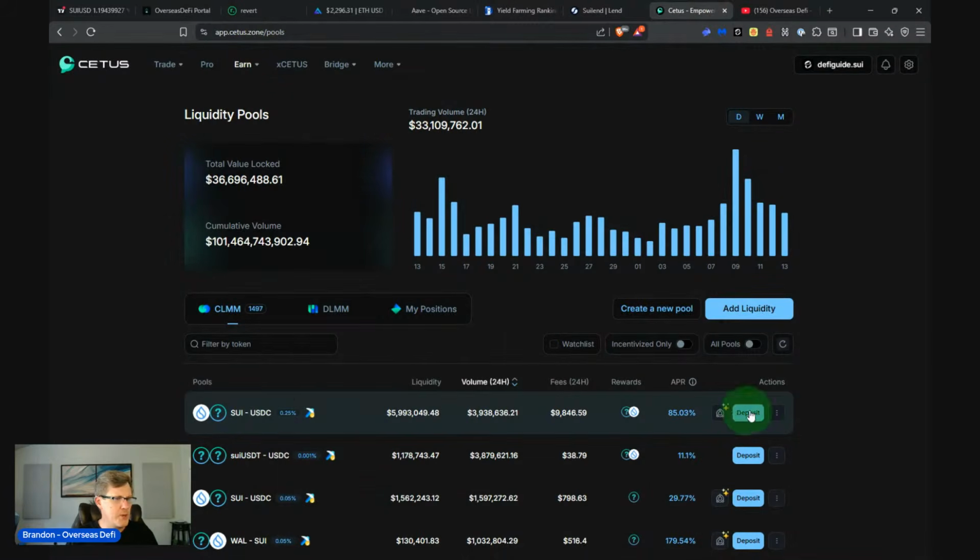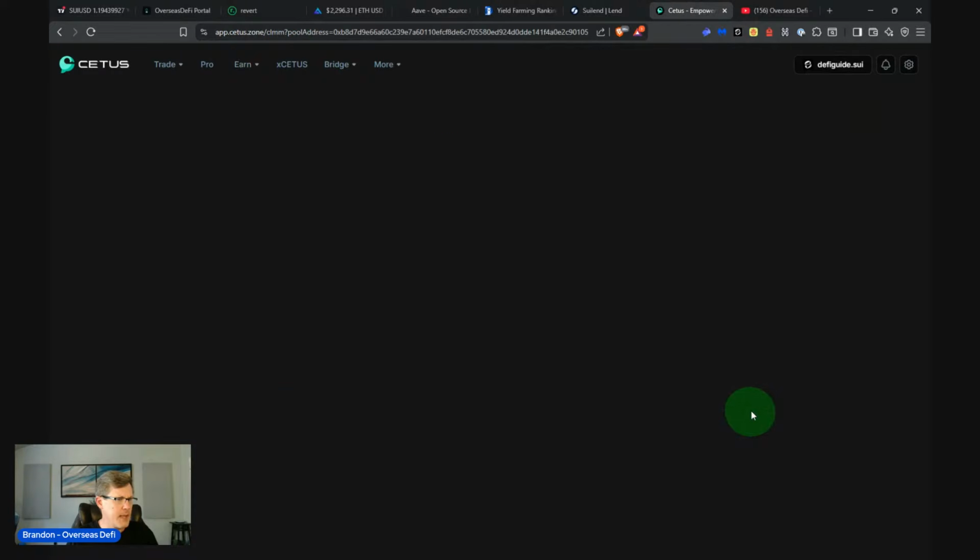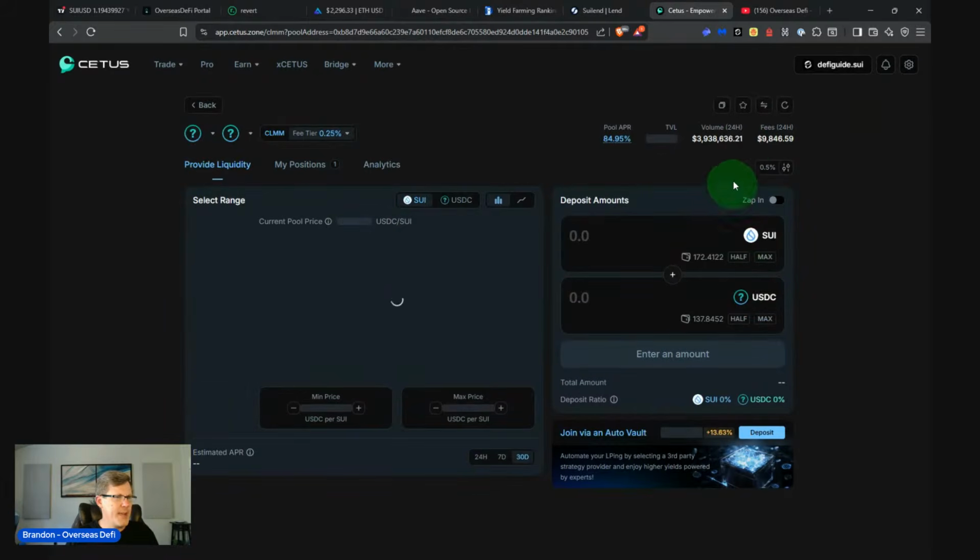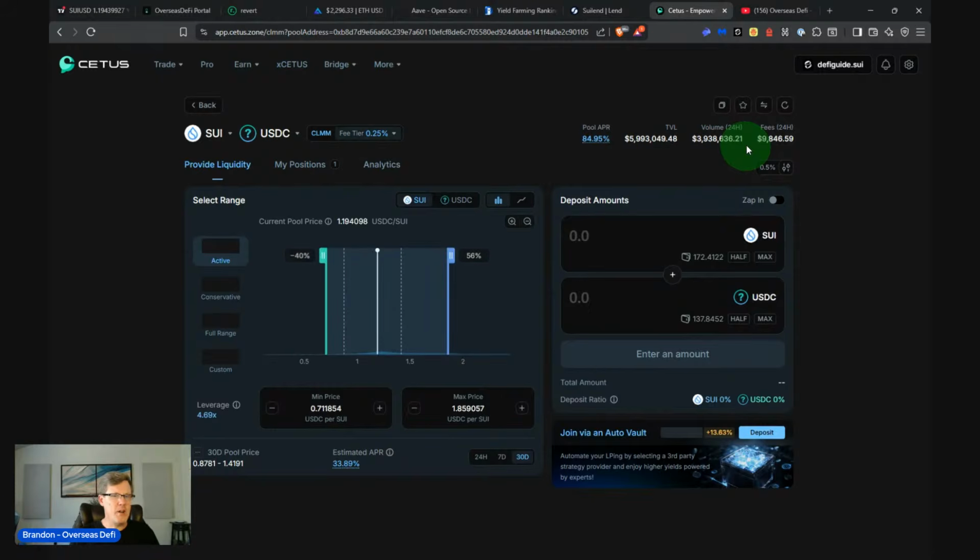I'm just going to click on deposit. It's that simple. Now, not all protocols have this, but this one has a zapping function. Remember, I was talking about the math, and I spent a lot of time talking about 60% SWI on the SWI shelf and 40% USDC on the USDC shelf, right? For protocols that don't have a zapping function, you have to figure that math out, because remember, you have to deposit both tokens.